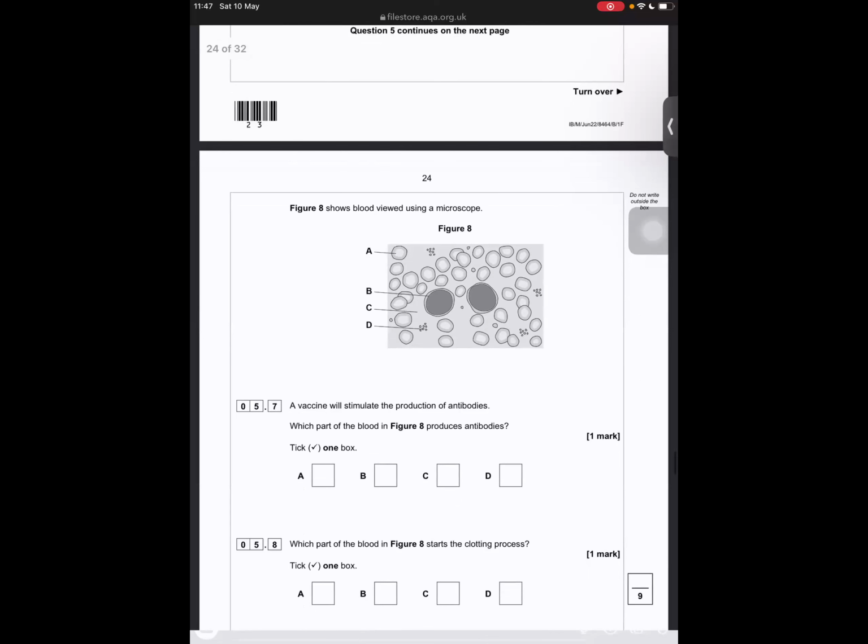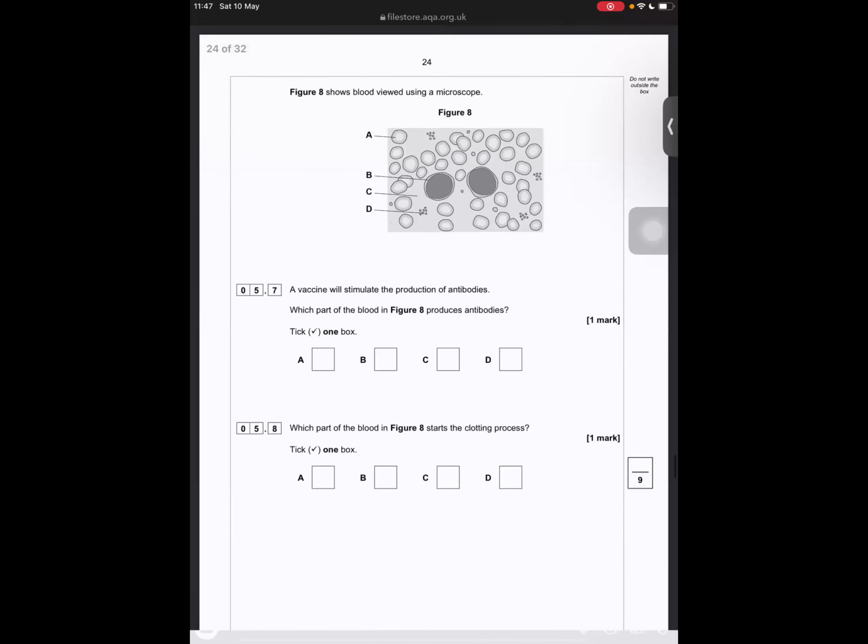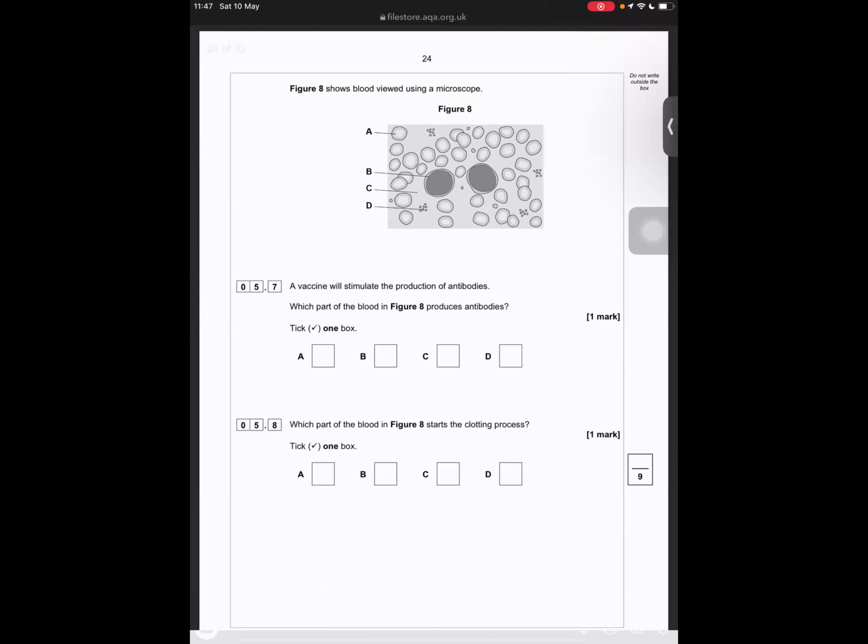Figure 8 shows blood viewed using a microscope. A vaccine will stimulate the production of antibodies. Which part of the blood in figure 8 produces antibodies? I think that's a function of the white blood cell, right?